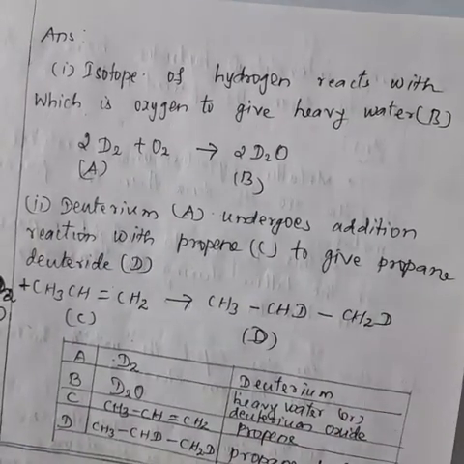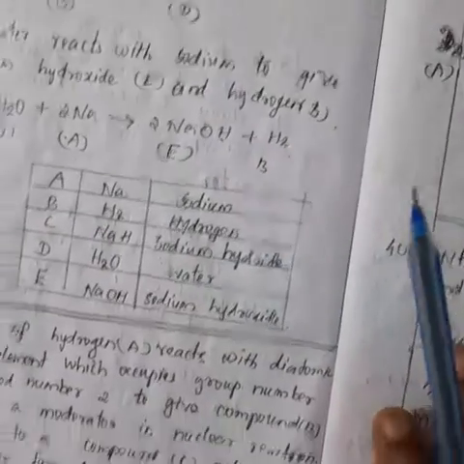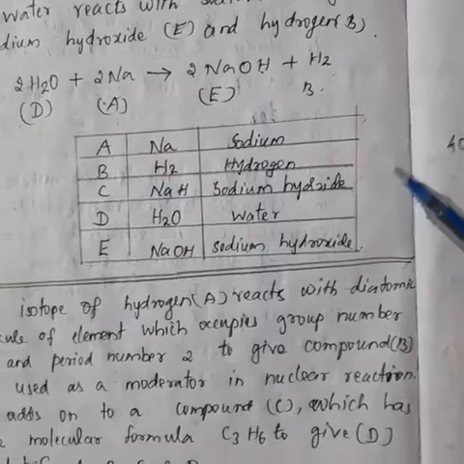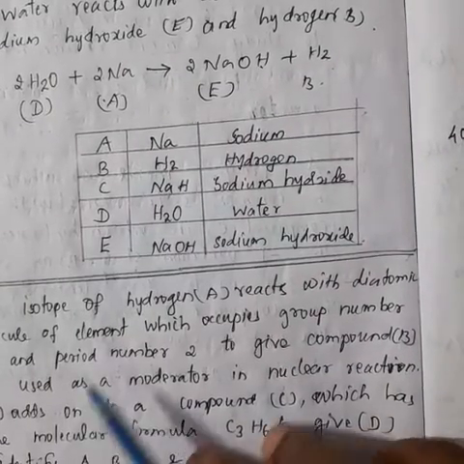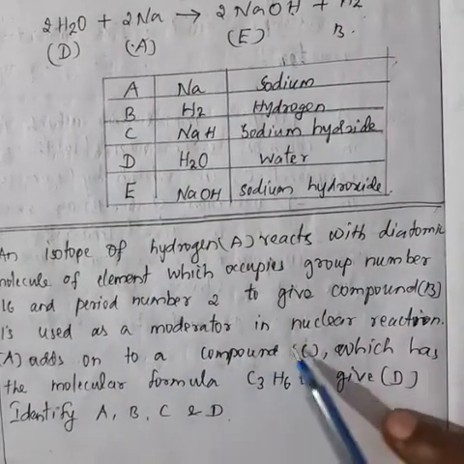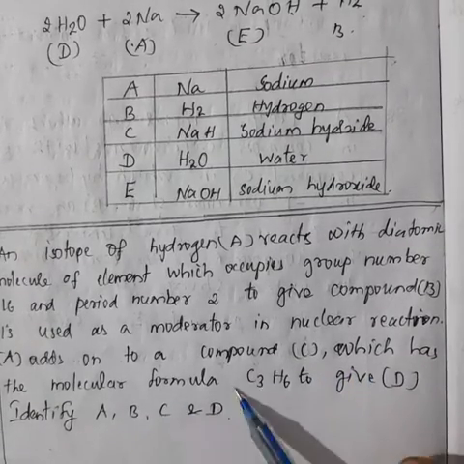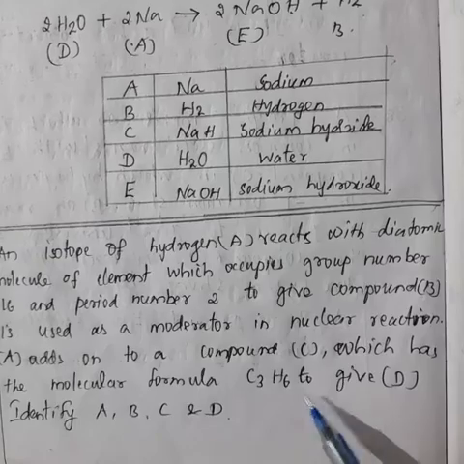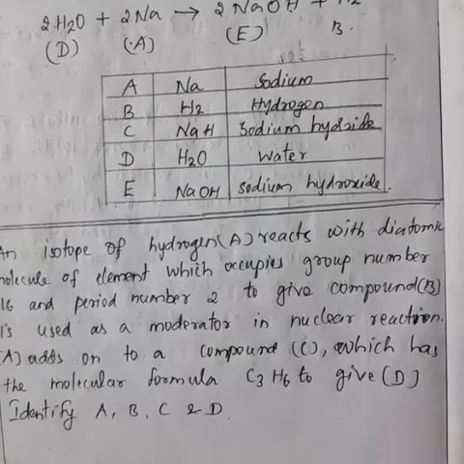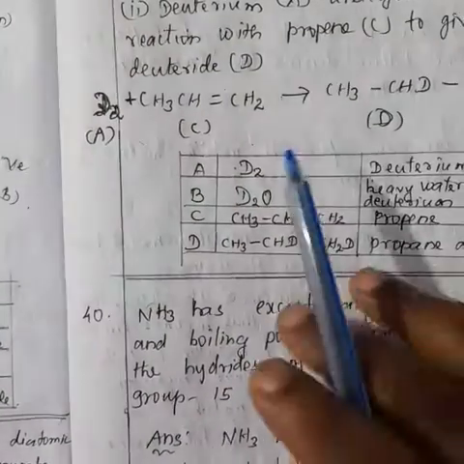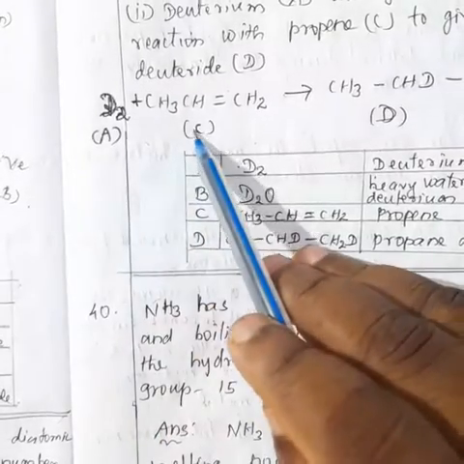And then the second point: A adds on to a compound C which has the molecular formula C3H6. Okay, so this is the molecular formula C3H6, compound C, CH3, CH double bond CH2.